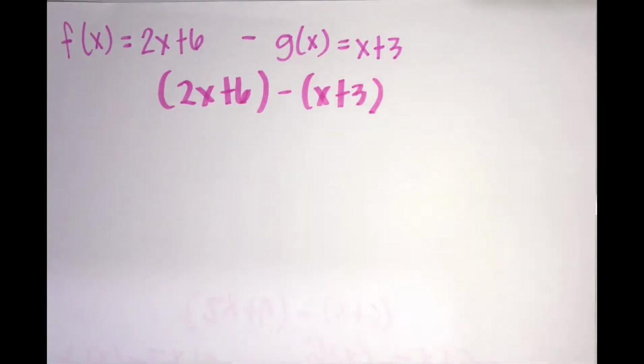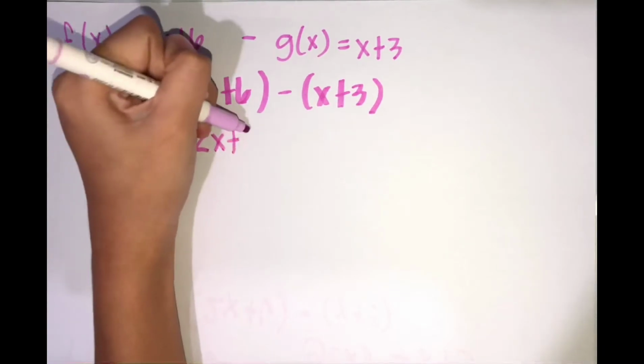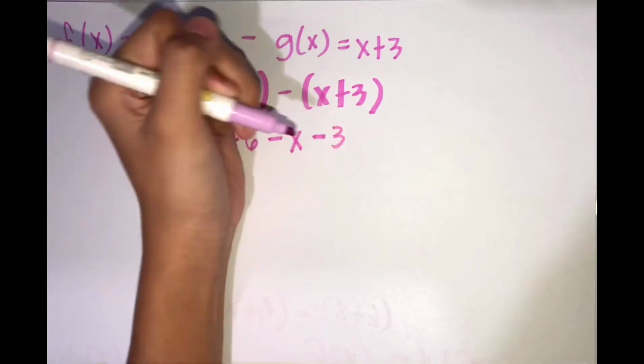We need to multiply our negative sign to remove the parenthesis. And then we'll have 2x plus 6 minus x minus 3.